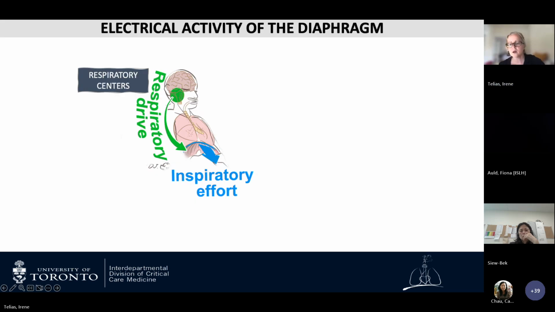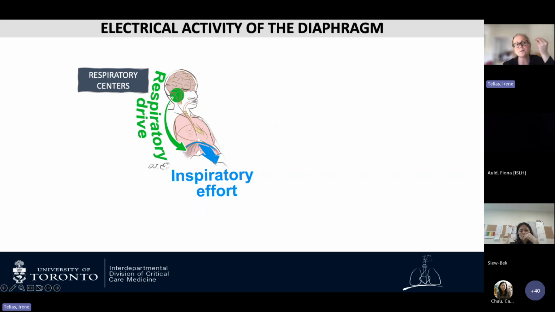So that's a little bit of how the respiratory muscles work in conjunction, the main one being the diaphragm, but in order for the chest wall to expand, we need the accessory muscles, particularly the intercostal muscles, for example, to keep the chest wall stable and to avoid the chest wall from sinking in when the diaphragm contracts.